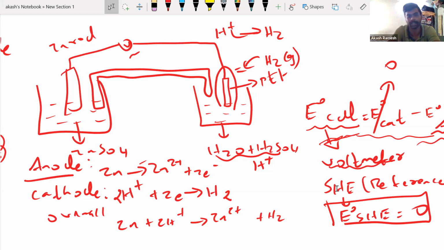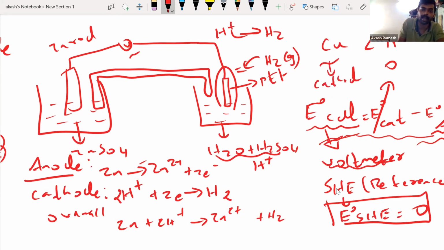Absolutely. So if you want to find it for copper, copper will be on the cathode side, and the standard hydrogen electrode, the SHE, will be on the anode side, because hydrogen is more electropositive than copper.